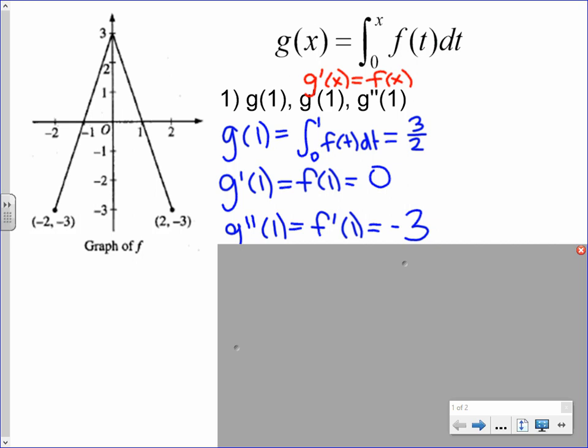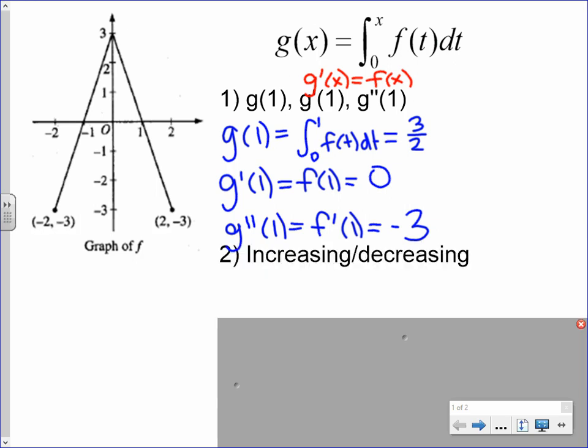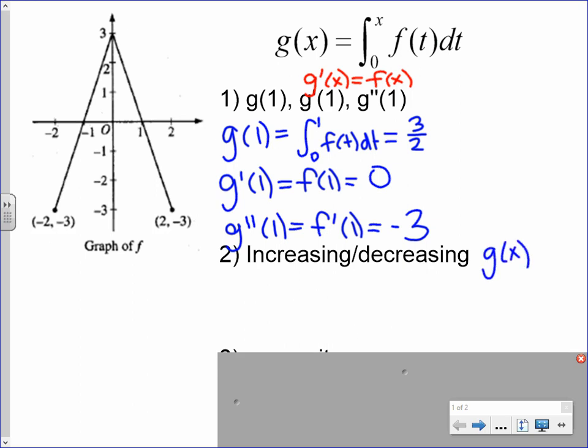Okay, so now we're kind of morphing together a little bit of Unit 3 here with our integral unit. In Unit 3, we did a lot of graphical analysis. Okay, we're bringing that back. What do I mean? I want to know where the function g of x is increasing and decreasing.